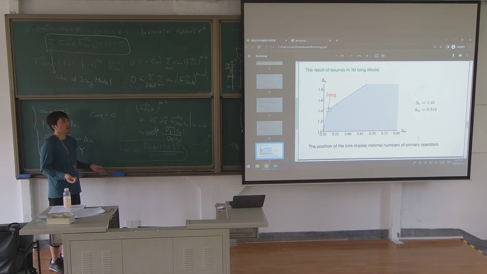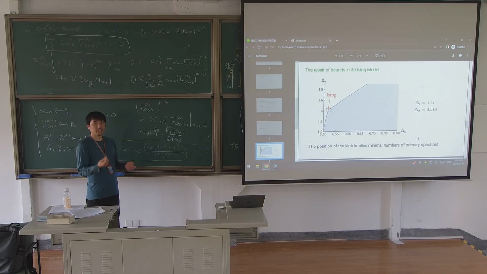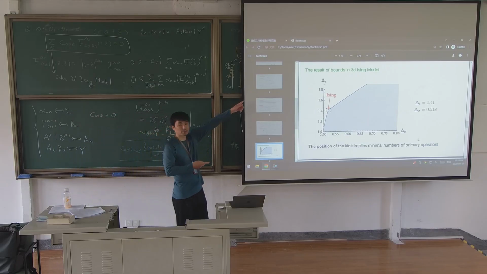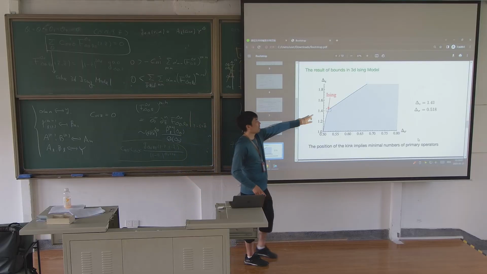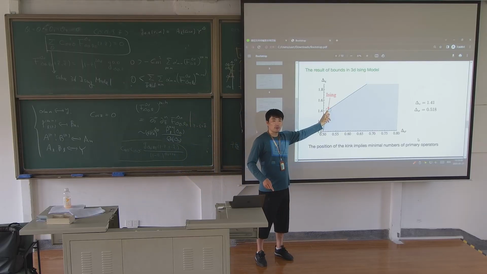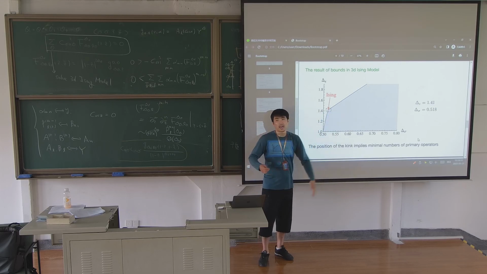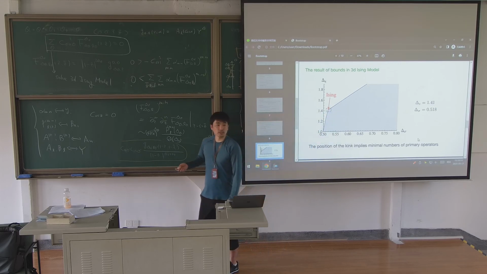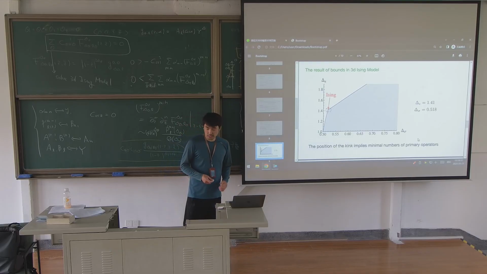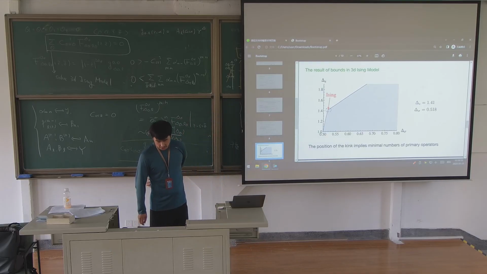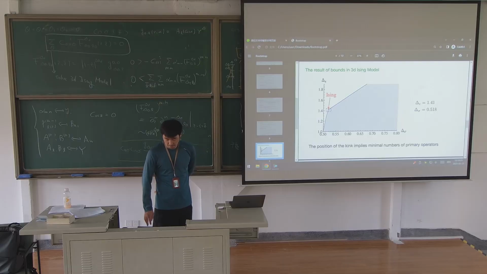So at this kink point, there exists only the primary fields sigma and epsilon. So it becomes really minimal around here, and the other parts can have other operators. So the position of the kink implies the minimum number of primary operators.